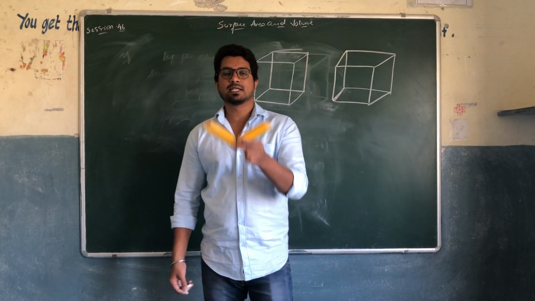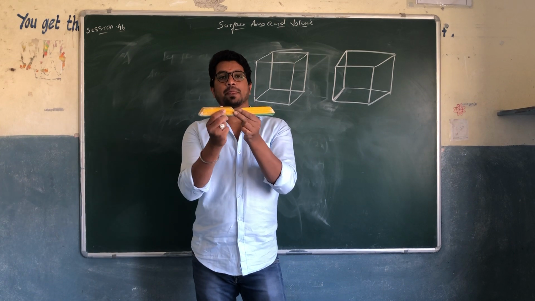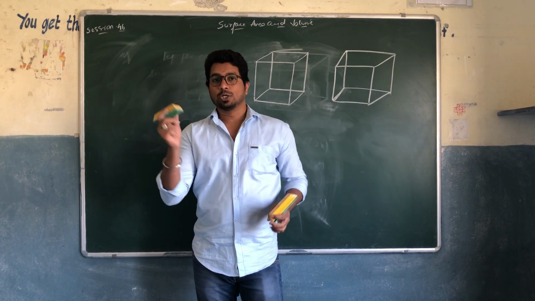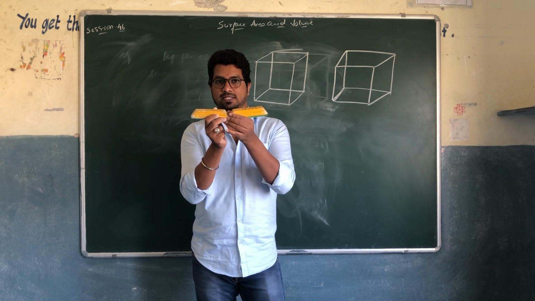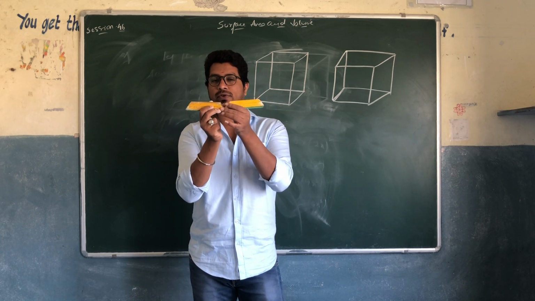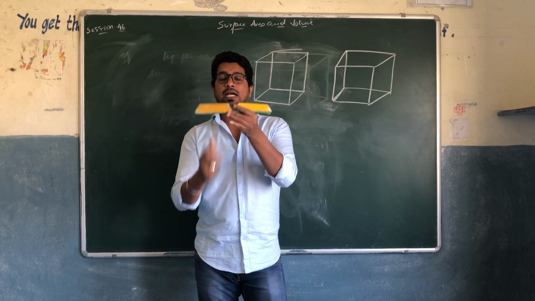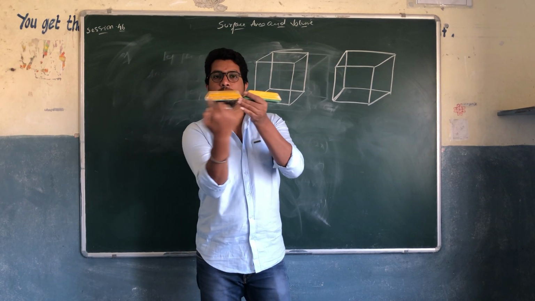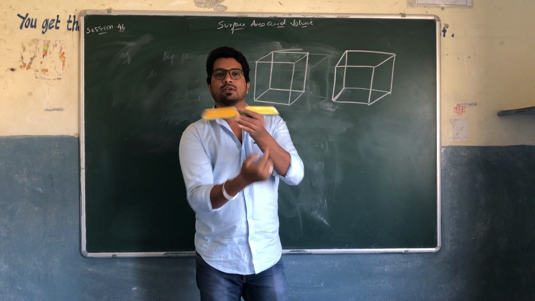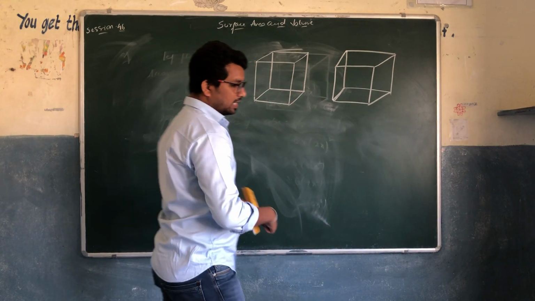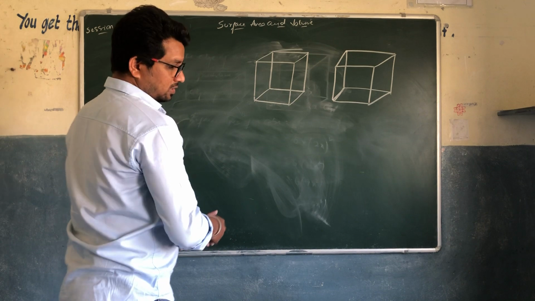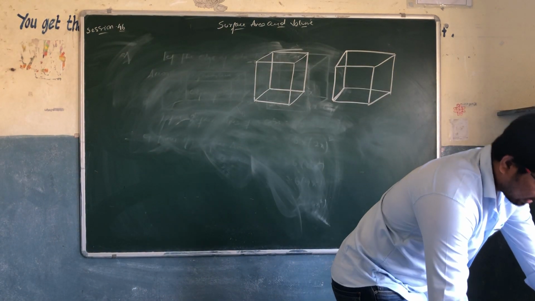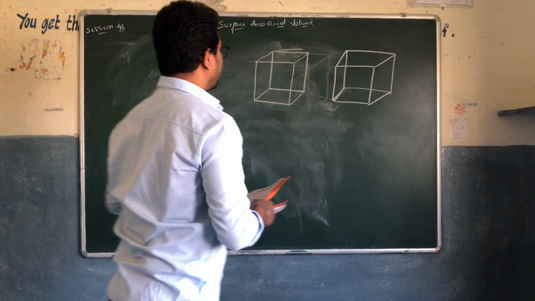First thing is, this became a cuboid. When two cubes are joined face to face, it will become a cuboid. It will be the shape of a rectangle, right? Now let me join it and show you how a cuboid will be formed.